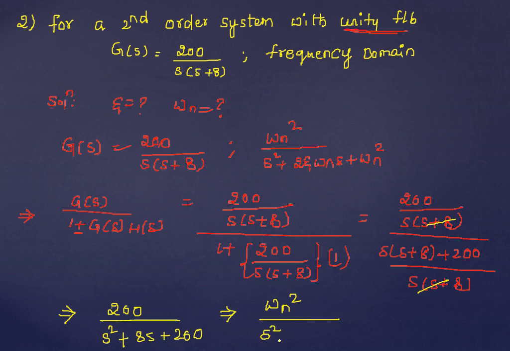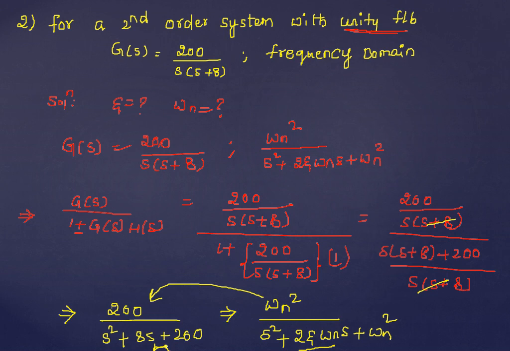The second order system is omega n square by S square plus 2 zeta omega n S plus omega n square. So in place of omega n square we are having 200, and in place of 2 zeta omega n we are having 8S.